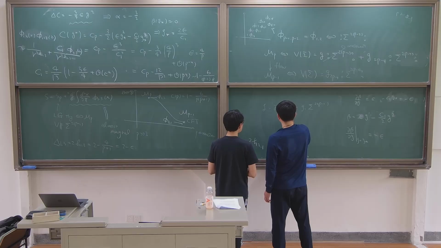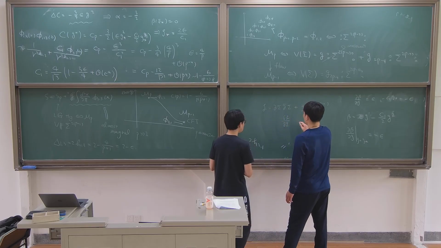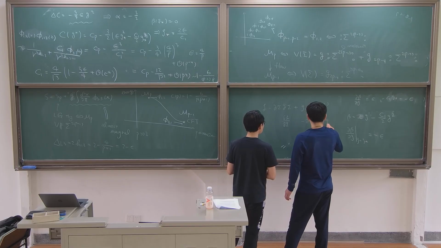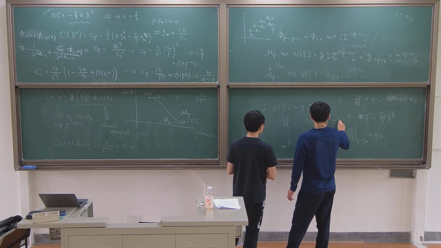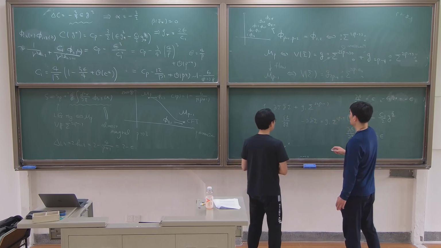And the equation of motion is just to take the derivative with respect to sigma. That will give you the particular parts. This is the equation of motion.